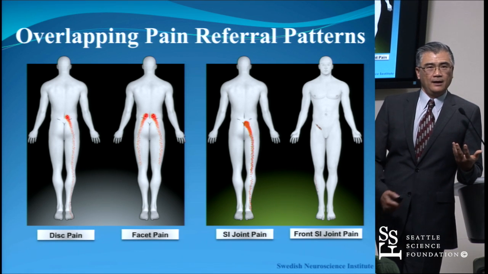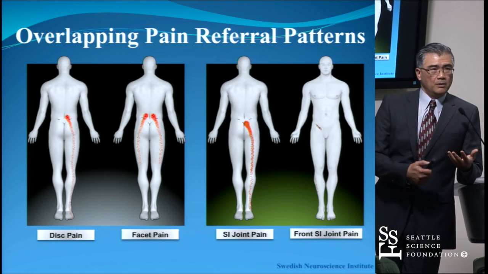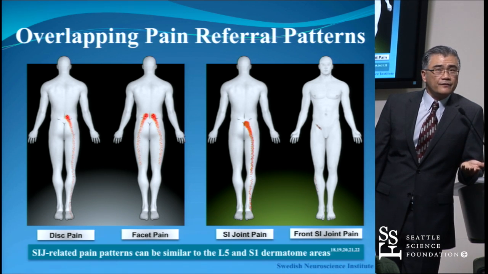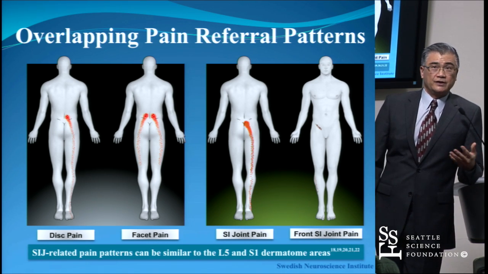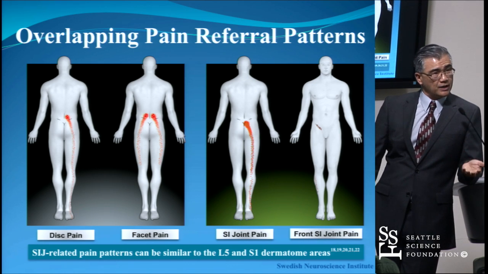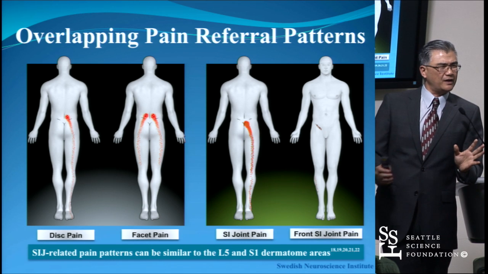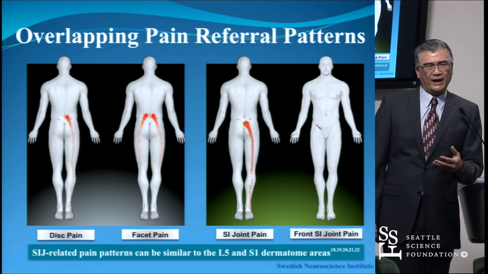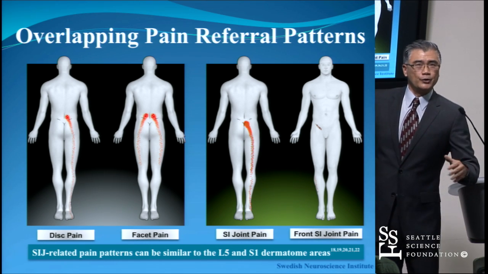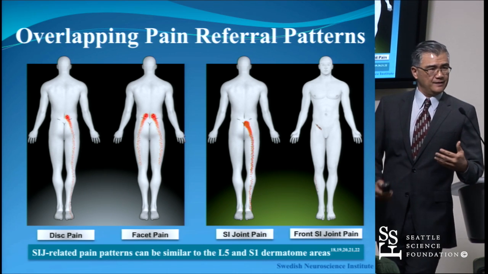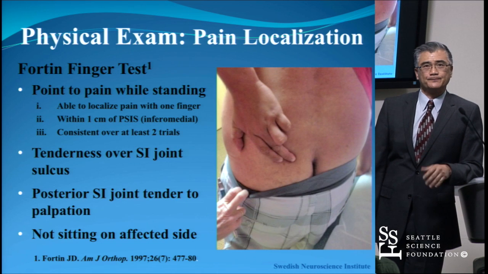The patient can have a hip problem but look like an SI joint problem, okay. Now, the SI joint is a big joint. If you look at the SI joint from the front, the patient can also have some groin pain, okay? So if you never think about SI joint, you think, well, would that be an L2, L3 problem? Because of the overlapping of the pain referral patterns, that makes the diagnosis challenging.